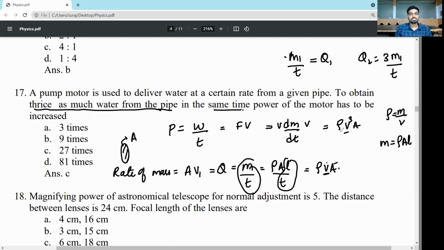So velocity should be thrice to obtain 3 times the mass at the same time. So velocity is thrice means power, P is directly proportional to V cube. So power should be 27 times. Okay. Now question number 18.